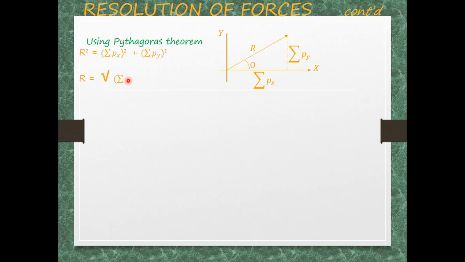Then taking the square root of this, R equals the square root of the bracket of summation p subscript x, close the bracket, squared, plus the bracket of summation p subscript y, close the bracket, squared. So we have substituted this for this, and this for this.